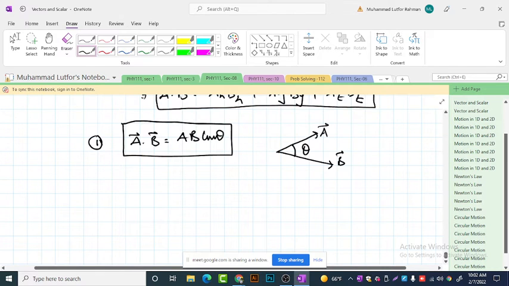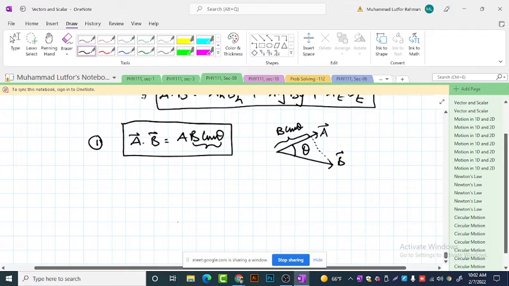Now look at this. What is this over here? b cos theta. Actually b cos theta is the component of vector b along the direction of vector a, right? We talk about this when we talk about b cosine theta.